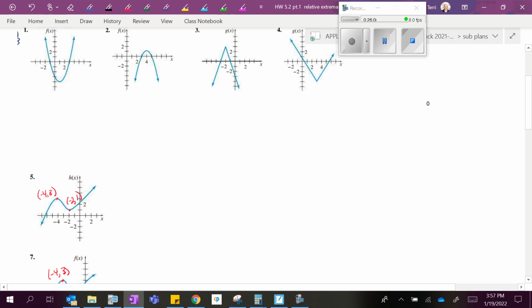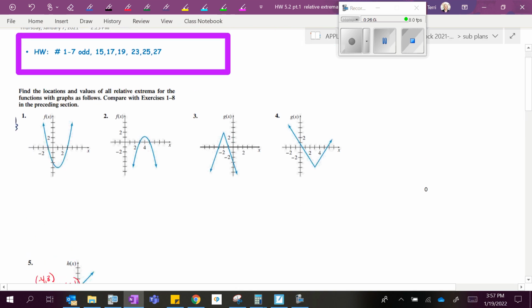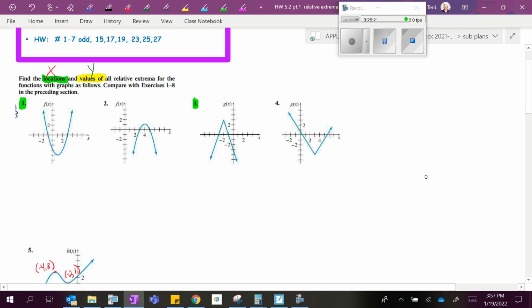So for homework, I want you to do on this next page 1 through 7 odds, where you're just identifying the locations, which again means the x values, and the values of, which is the y values. So find the x and y values of all the relative extrema. And again, by relative extrema, we mean relative max and mins.